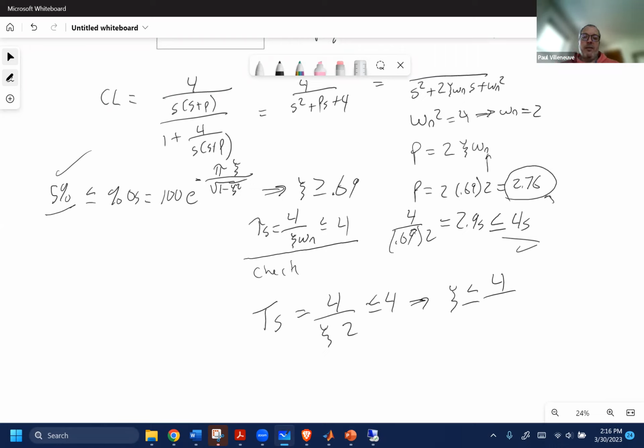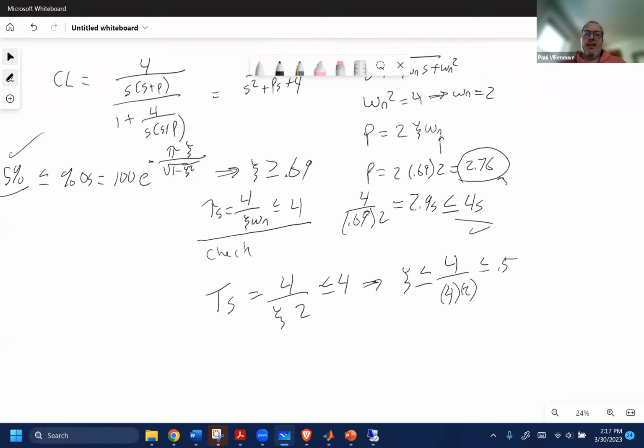Let's see. Okay. Yes, no, I'm correct. 4 times 2. All this says, well, no, that can't be right. It's going to be greater than. I think I'm doing this backwards. So it's 1/2, which would imply, but I know it's less than 4 seconds.